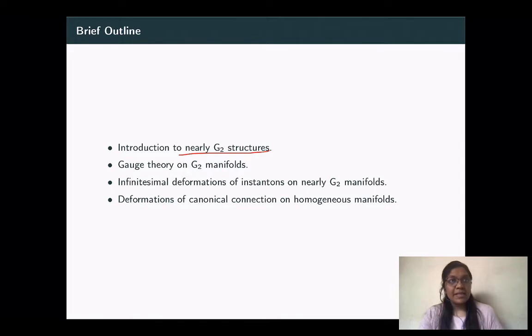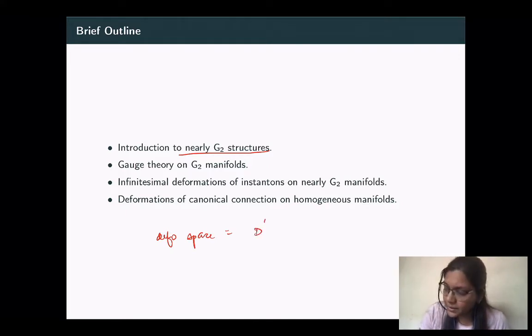In the second lecture, we saw the definition of an instanton on a manifold with a G2 structure, and then we also talked about the infinitesimal deformations of instantons on nearly G2 manifolds. So we saw how we could relate the deformation space to the kernel or the eigenspace of a Dirac operator or a family of Dirac operators.